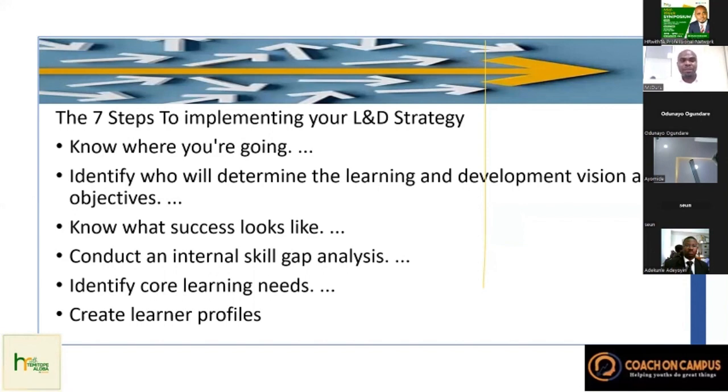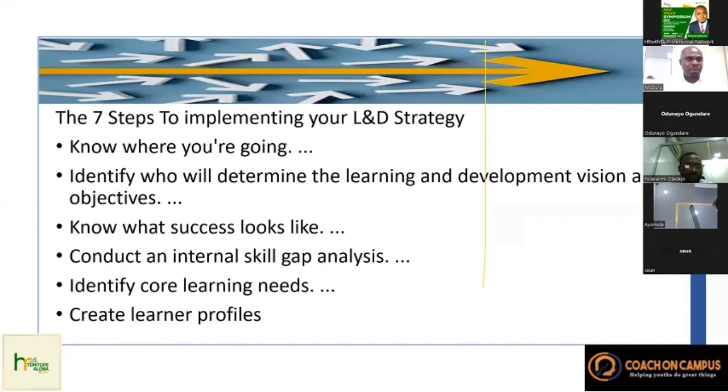Don't forget it's not in isolation. The L&D team lead or L&D manager must be able to galvanize and gain buy-in across the various departments, business units, or plants within your industry.